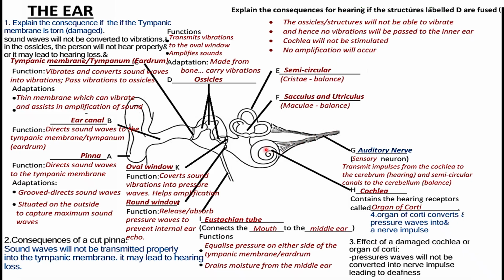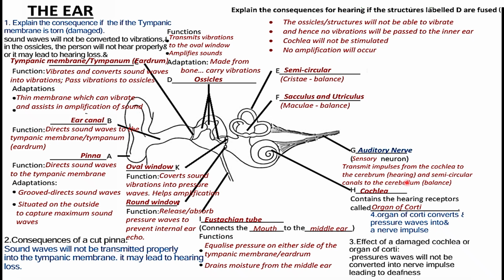Some are connected to the cochlea, some are connected to the semicircular canals, and also the sacculus and the utriculus. What are these lines here? These lines represent the auditory nerve. Specifically, we are looking at sensory neurons. What is the function of the auditory nerve?